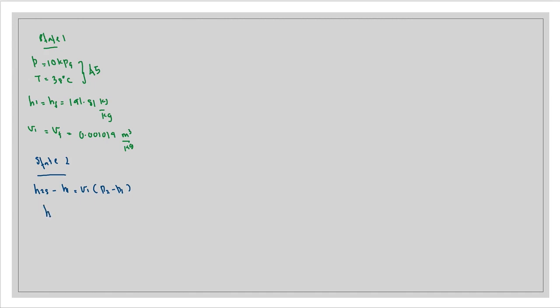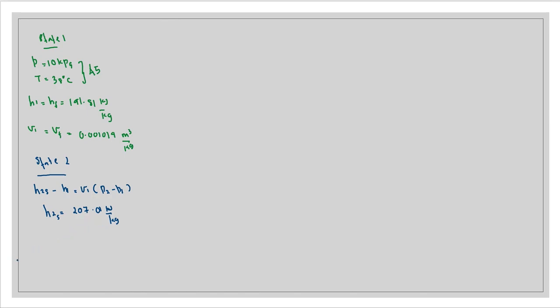Okay, so H2S, we rearrange this formula and we will get 207.01 kilojoule per kilogram. So I put the specific volume, pressure 2 is 15 megapascal, convert it to kilopascal, P1 is 10 kilopascal, and H1 is 191.81. Then I get this value.